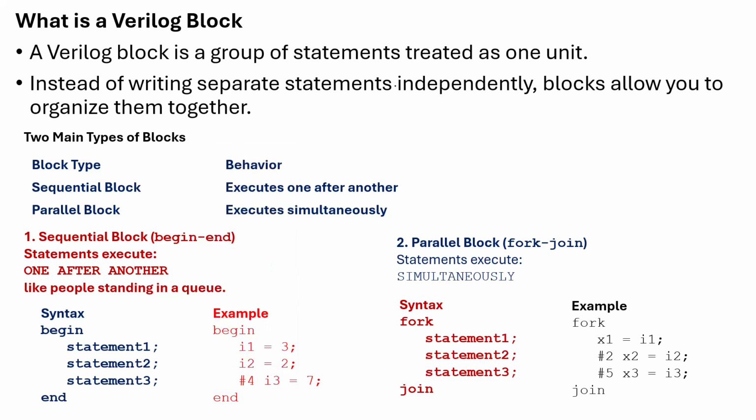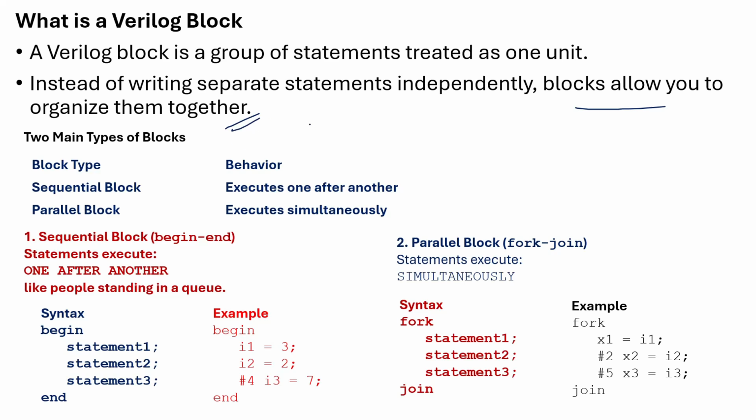That is also a block. Instead of writing separate statements independently, you can go for blocks. Okay, so if you are executing one statement, two statements, three statements, then go for blocks. It will organize them together.